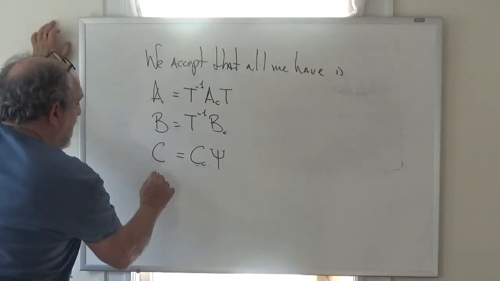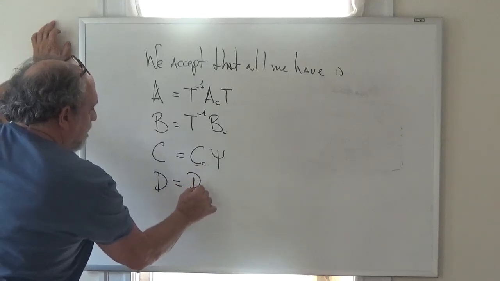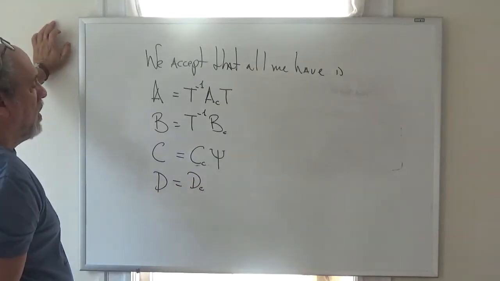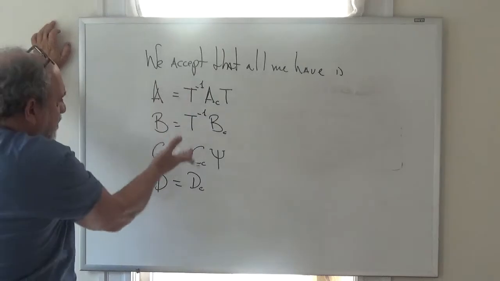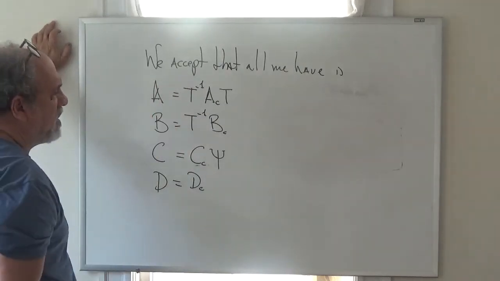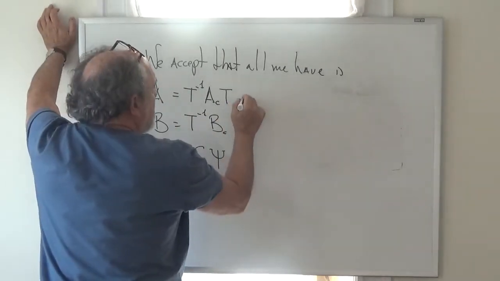And we have some D, that's the only one that doesn't matter. Okay, so this is all we're going to get from a system ID. We don't know what the T is. But we see that this is a similarity.